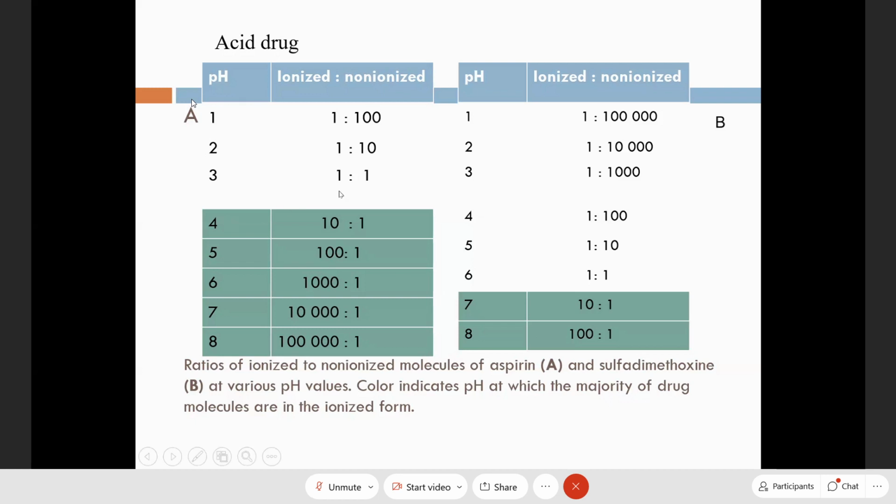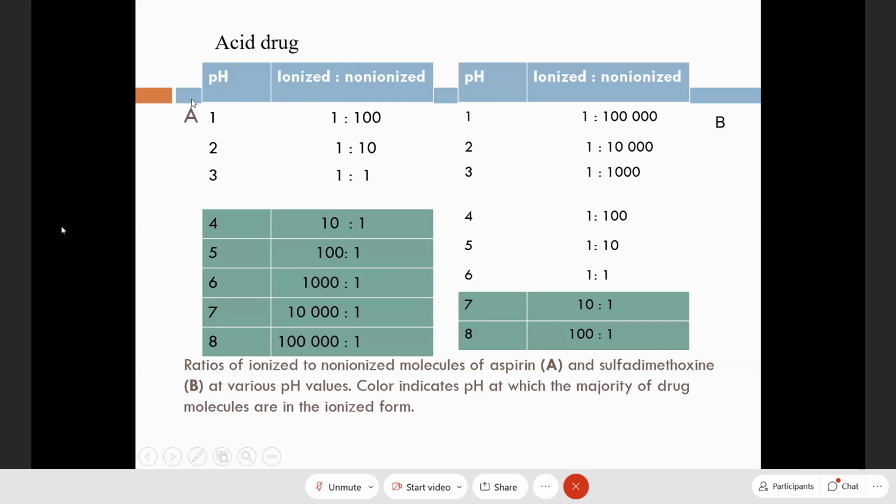As you can see here, after it reaches the pKa at pH 3, the ionized form starts to increase, at a factor of 10: 10, 100, 1,000, 10,000, and so on.